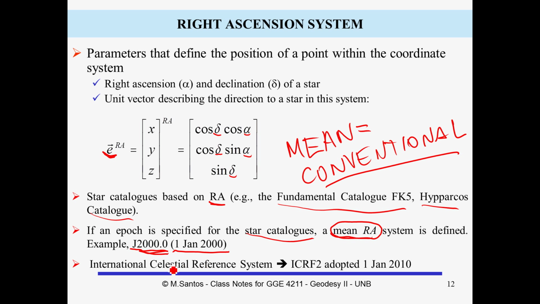So the ICRF2, because there was the first ICRF, was 1st January 2000, and now ICRF2 relates to 2010. Now, this definition of the right ascension system is generic, but there are different types of right ascension system. There is the mean right ascension system and the true right ascension system.